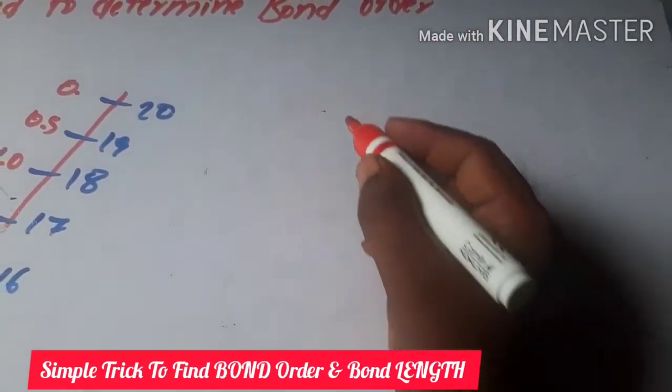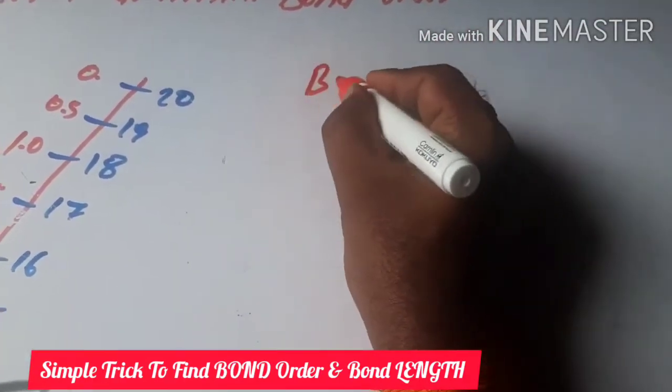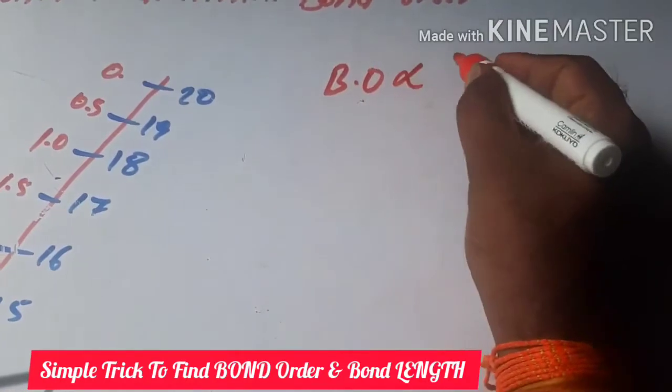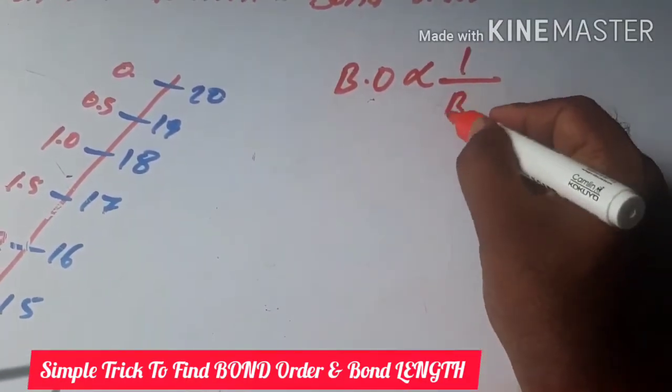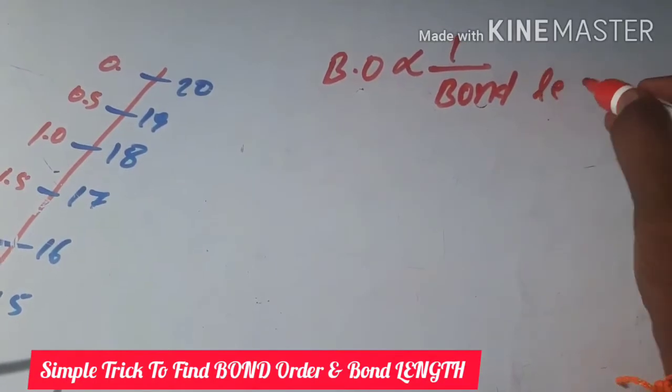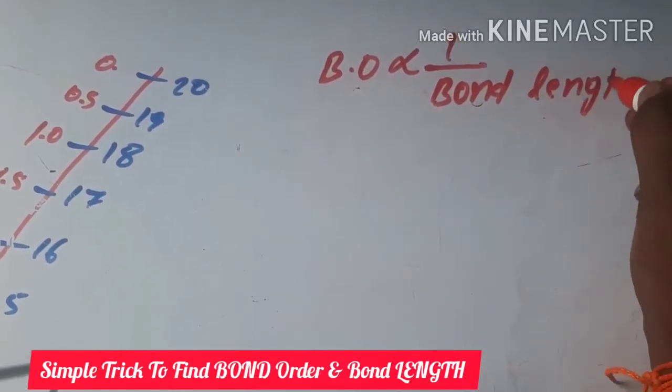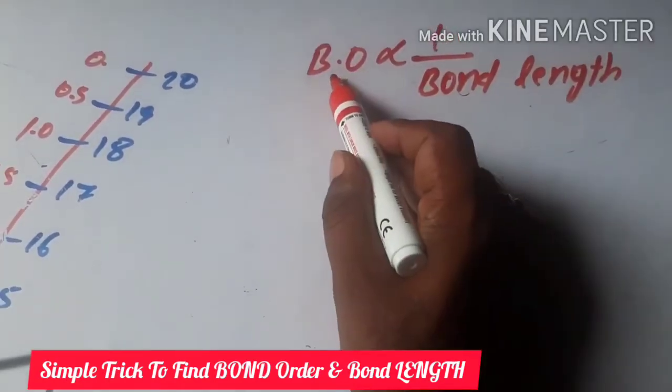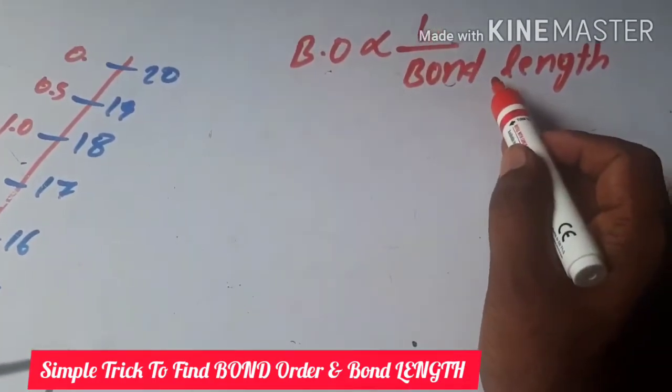Next, we know bond order is inversely proportional to bond length. That means the higher the bond order, the shorter the bond length.